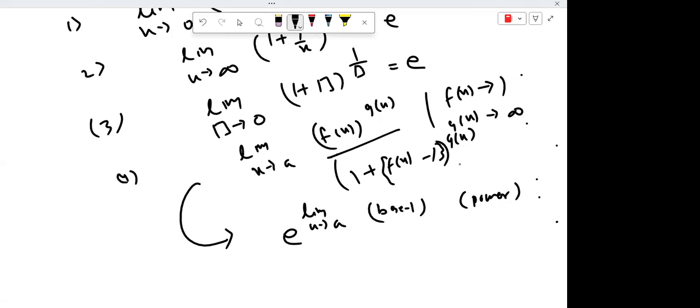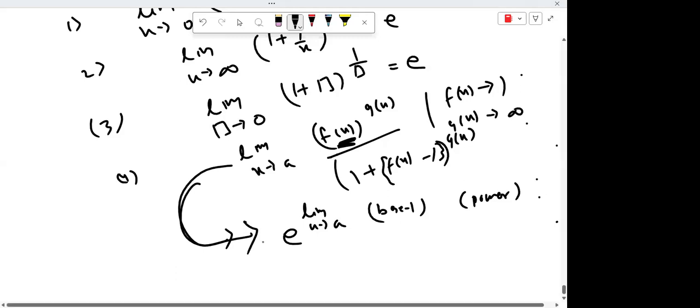So base minus 1, f of x is base, into power. Power is g of x. Don't worry, I'll show you examples also. This is what you have to remember, that if you have this kind of limit, just write it like this and you will get the answer very easily.